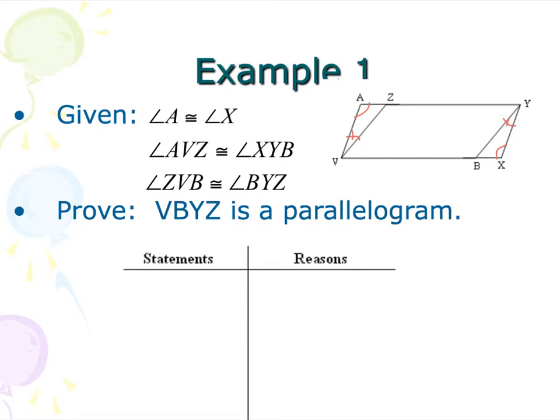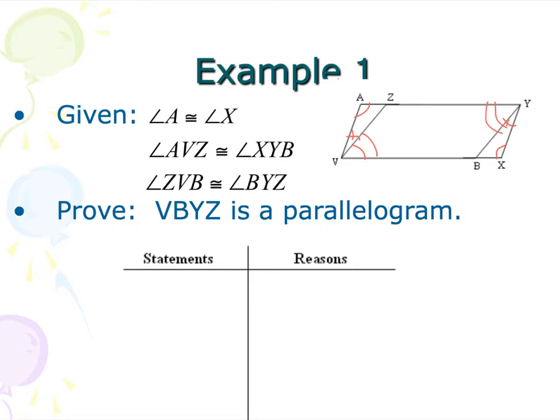And I have ZVB, we'll do 2 for that, and ZYB or BYZ. Those guys are congruent. And I want to prove that it's a parallelogram. Okie dokie. Wonderful. And that parallelogram that we're trying to prove is VBYZ. It's that guy that's inside.